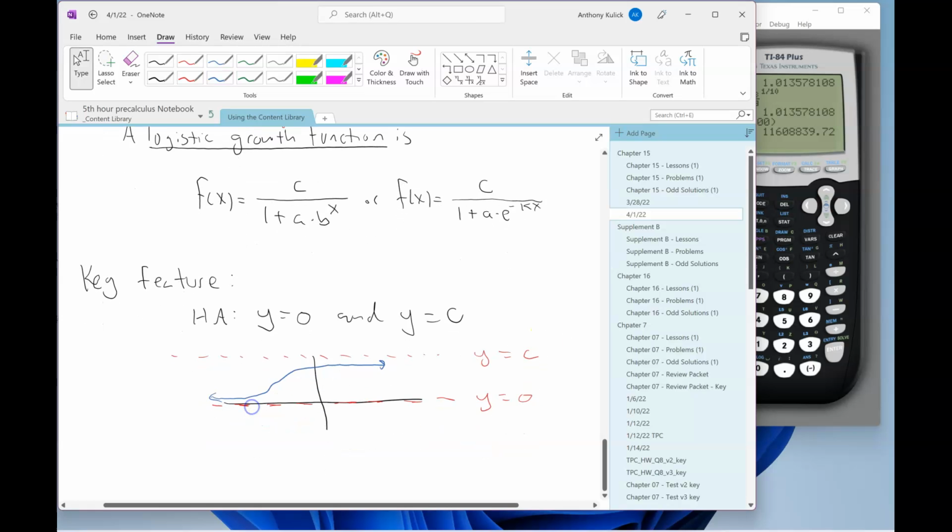Our growth function would look like this, where from left to right it's increasing. And our decay function would look something like this, where from left to right it's decreasing.